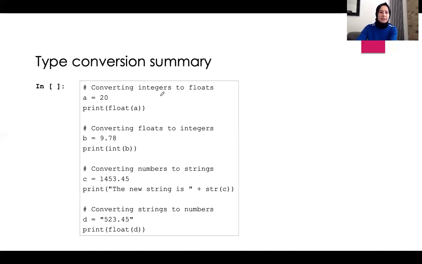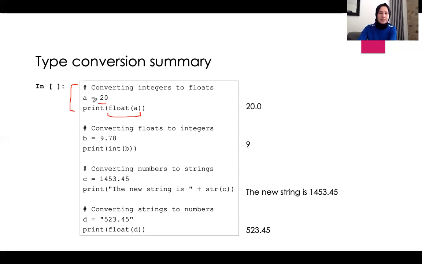Let's look at different uses of typecasting. In this example, as you can see, we have converted integers to float. We have an integer, and if you want to turn this into a float number, this is what you need to do. When we run this piece of code, those are the results we get.